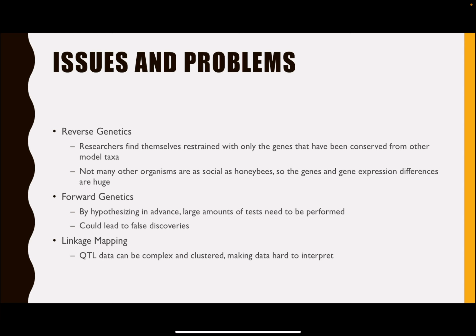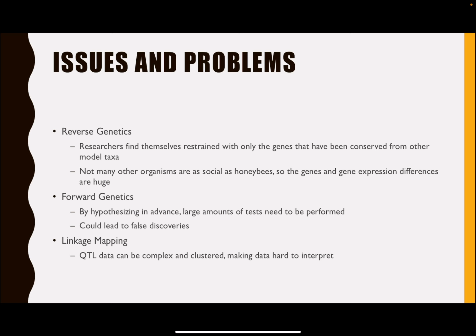Honeybees are extremely social. I would go as far as to say the most social organism. So their gene expression is very different compared to another organism. So reverse genetics doesn't work very well with honeybees.